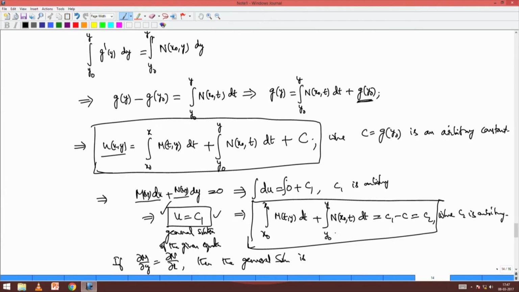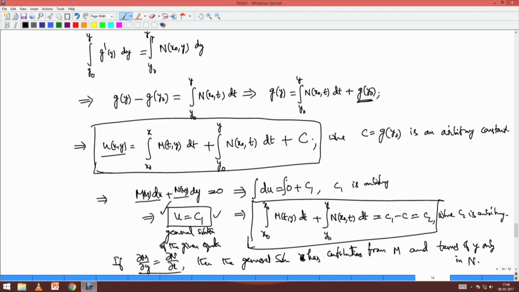From this I can conclude the general solution has contributions from m and the terms of only y in n. That is how you get the general solution.